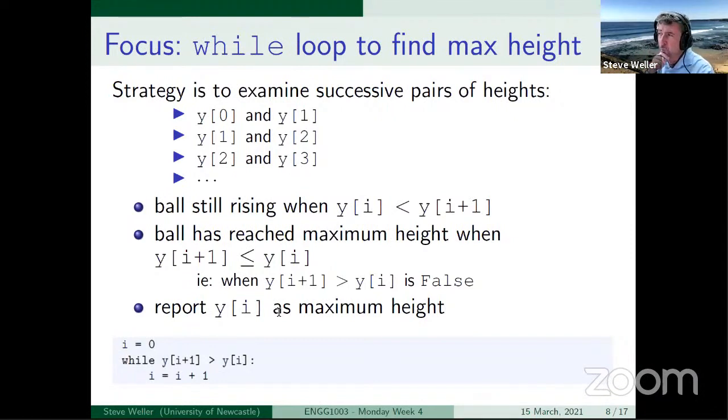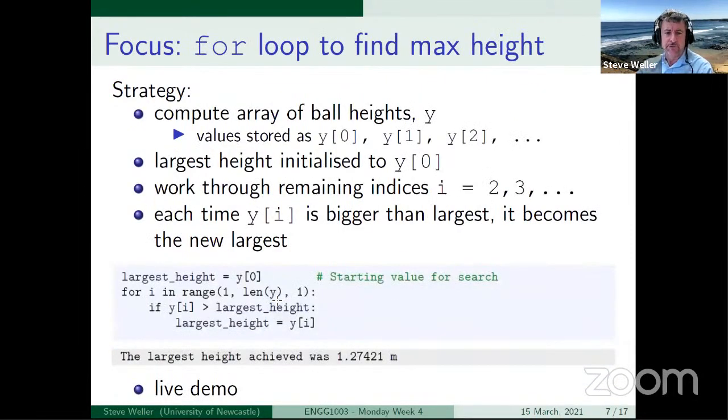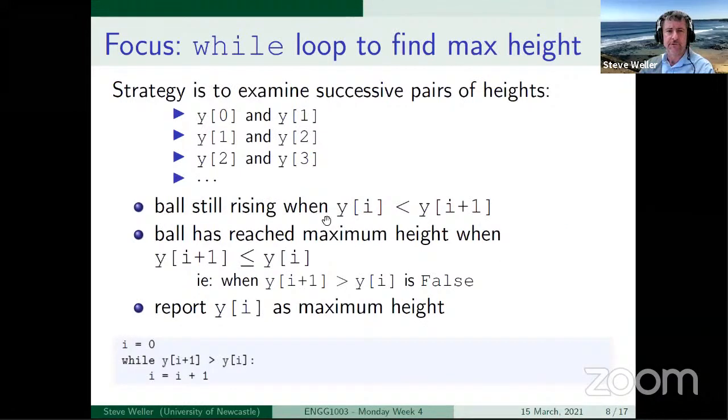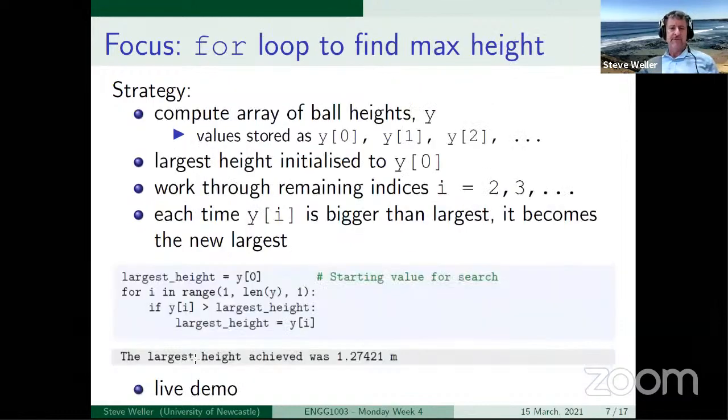Now, when I worked through this, I personally found the for loop to be the easiest to get my head around. The while loop took a little bit more, even though the code was shorter: you compare the code there, 3 lines versus the 4 lines.